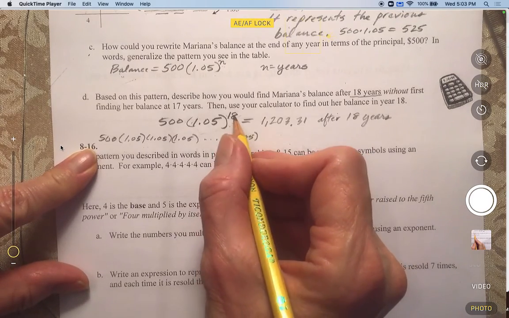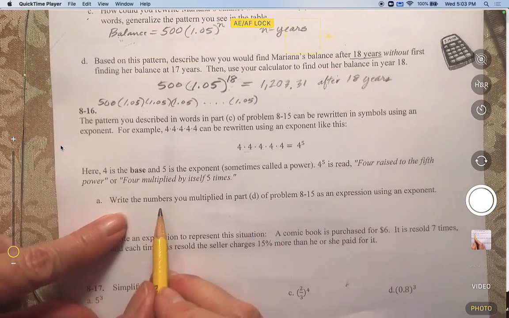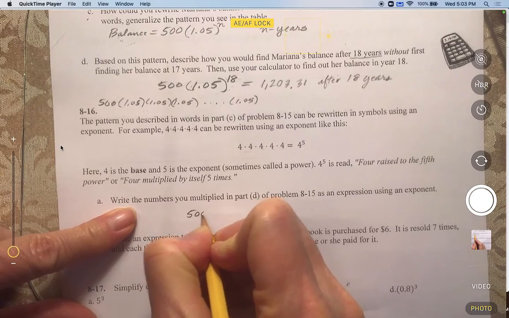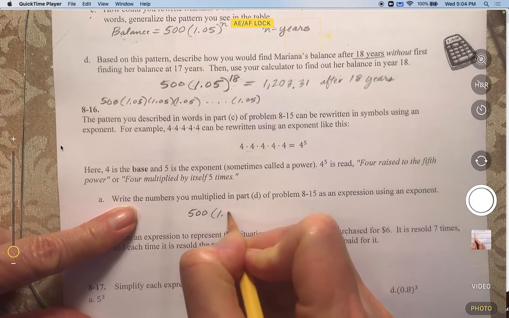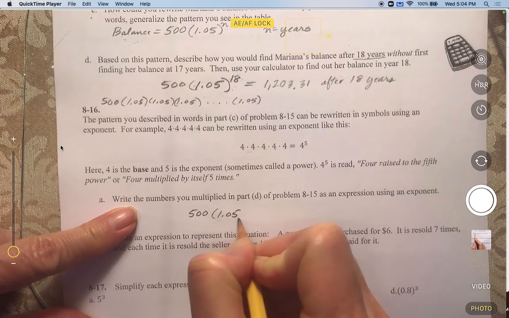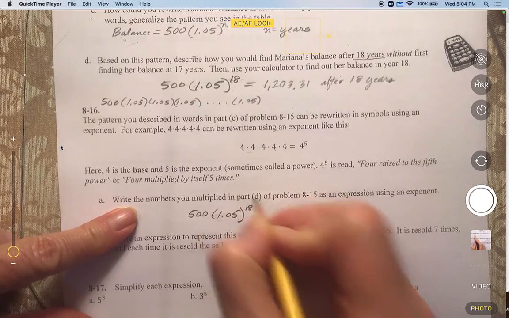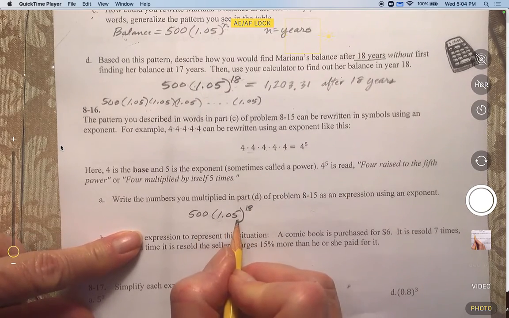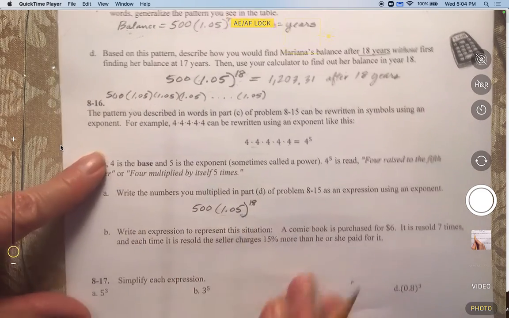So I went immediately to the shortcut, the exponent. That's what we're going to write here, just the same expression that I wrote before, which is 500 times 1.05, this is the base, and then the exponent is 18. That's the number of times that 1.05 will be multiplied times itself.